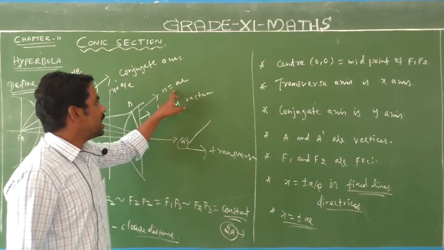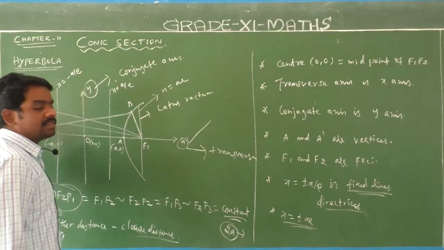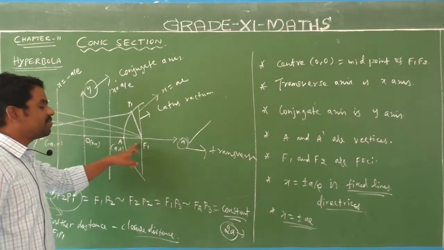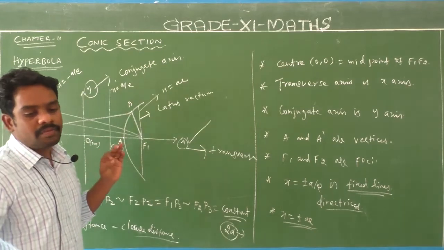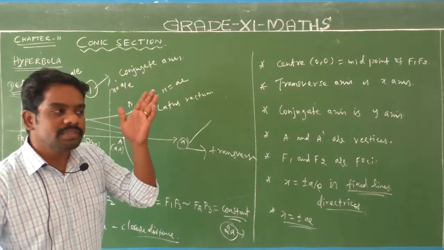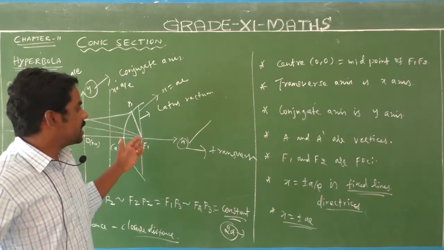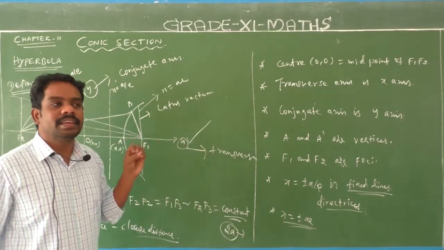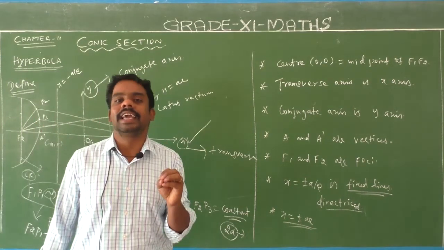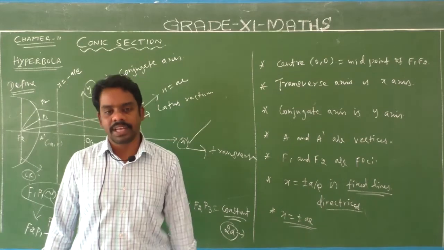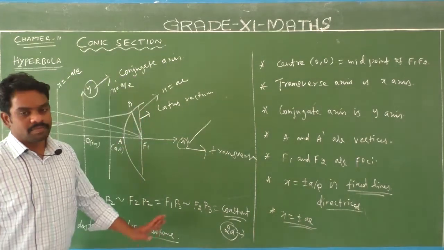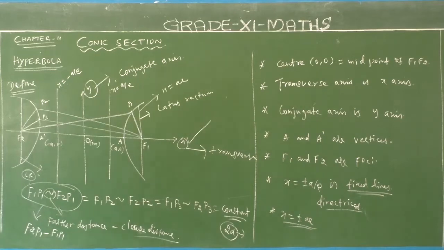And x equal to ae and x equal to minus ae pass through the foci F1 and F2, and these two lines are perpendicular to the transverse axis. So x equal to plus or minus ae is the equation of the latus rectum.